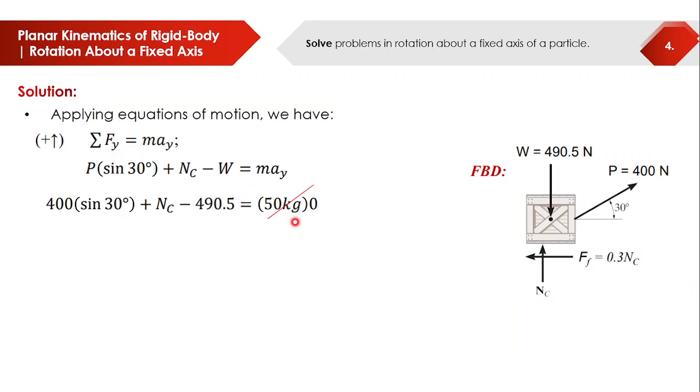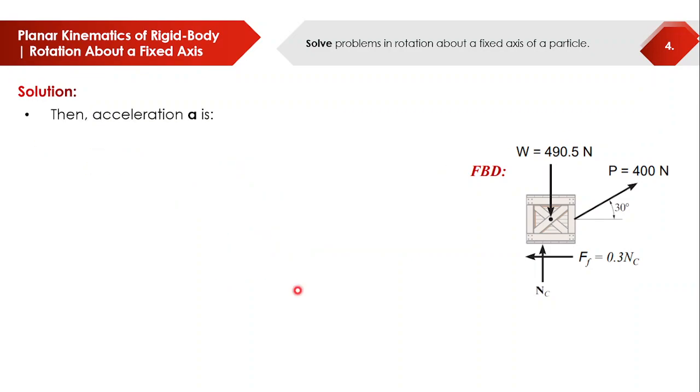So N sub C is equal to 490.5 minus 400 times sine 30. Why did that happen? We transpose the two terms to the right side, so this will become positive and this will become negative. Solving for our N sub C, that will be equal to 290.5 Newton.